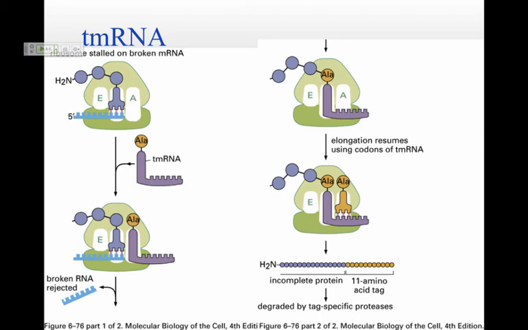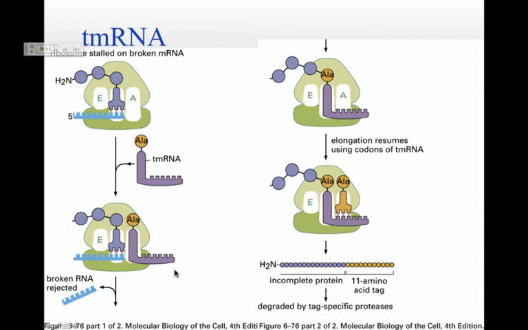They have this really cool sort of combination between a tRNA and a messenger RNA. So it's literally an RNA which has a tRNA structure at one end and a messenger RNA structure at the other end. And basically what it does, it will bind to the A site in what's called a stalled ribosome, and now has an amino acid that's attached to it.